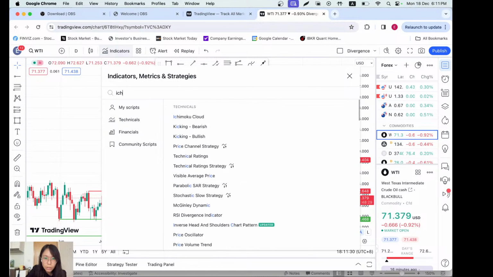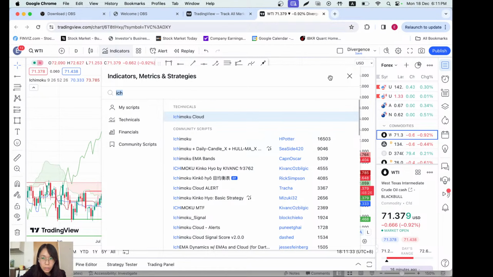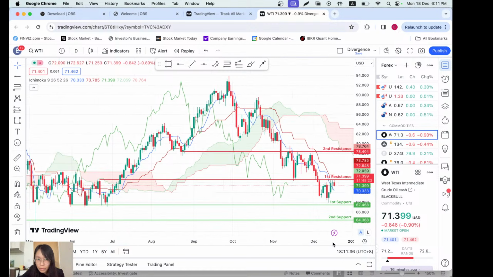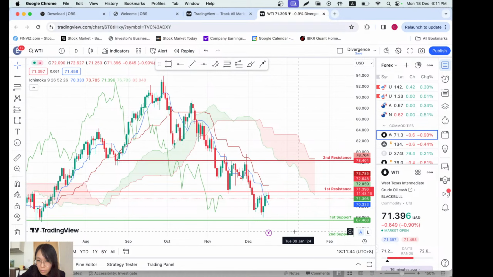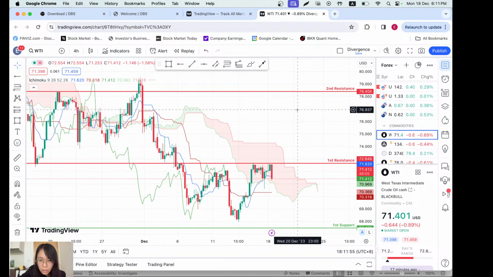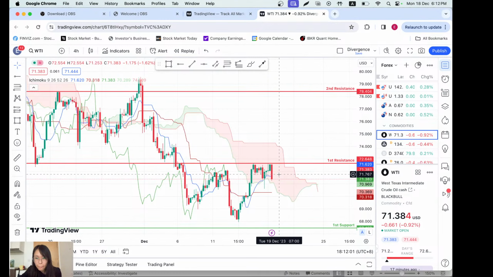That's my cloud gone. For RSI, it's also very bearish, way below the Ichimoku cloud. It looks like it's going to reverse but met with resistance here, unable to break through this quite significant line. On the H4 chart it's slightly better. The price has entered the cloud but is also unable to break through the first resistance. If the price were to break through the first resistance, there is potential for it to bounce up.